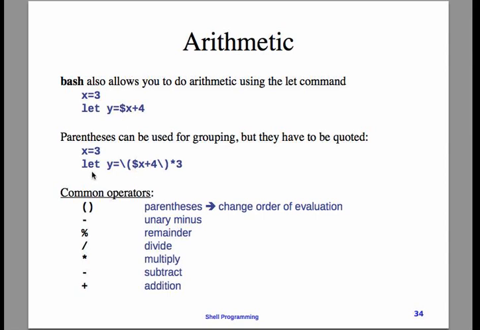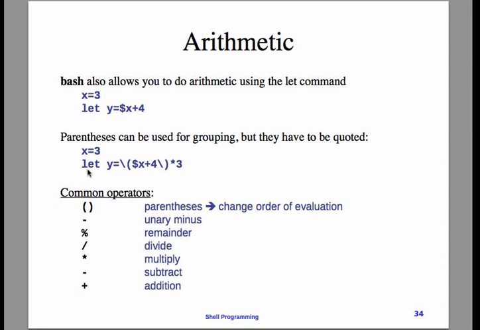Another thing that's wrong with let is if you want to use parentheses to group things. For example, you want to say x plus 4 times 3, you can't just say $x plus 4 times 3 because the 4 and the 3 get multiplied, so you want to have parentheses.